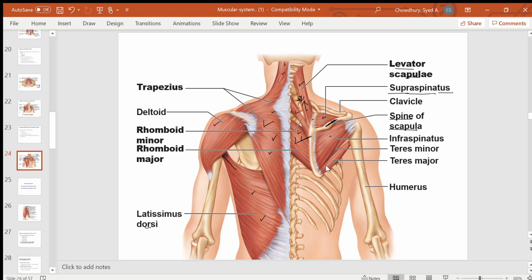Infra means below. Then below the infraspinatus you have the teres minor and teres major. So four muscles here: supraspinatus, infraspinatus, teres minor, teres major.